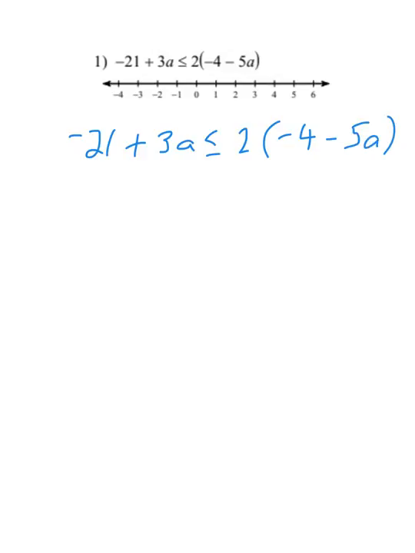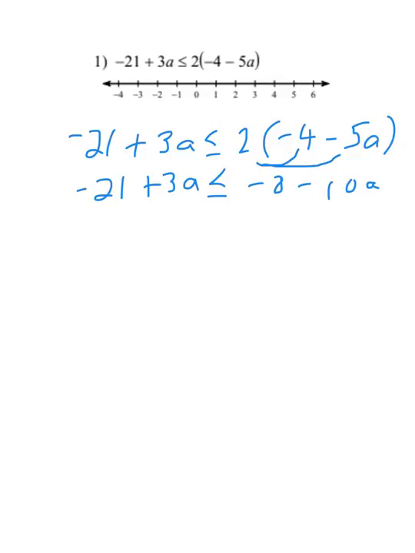Alright, on the left-hand side, like in the last problem, there isn't anything to do. It's already simplified. But on the right-hand side, we have the distributive property. So 2 times negative 4 is negative 8. And we have 2 times negative 5, which is negative 10. Alright, so now we have the green light to solve.